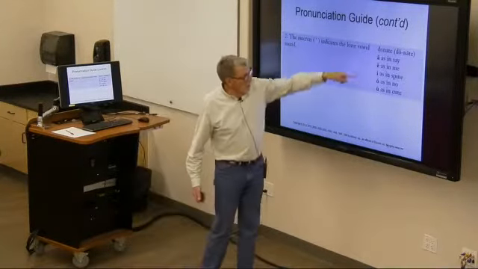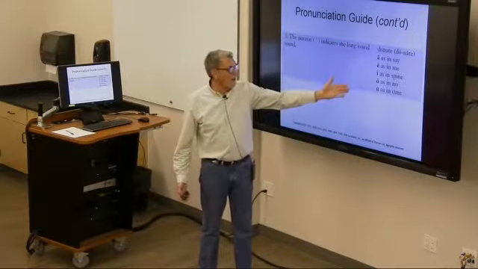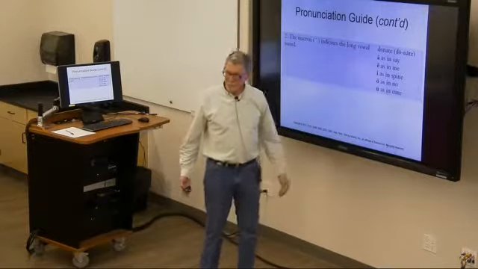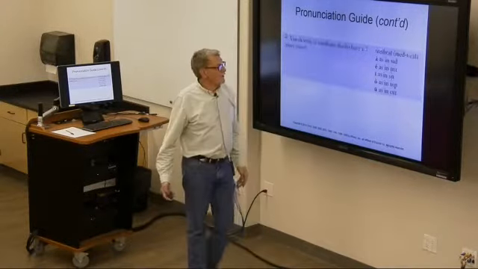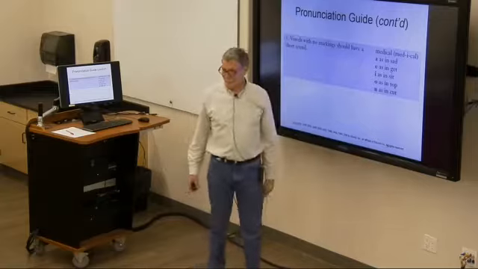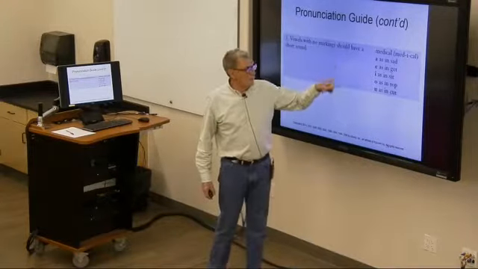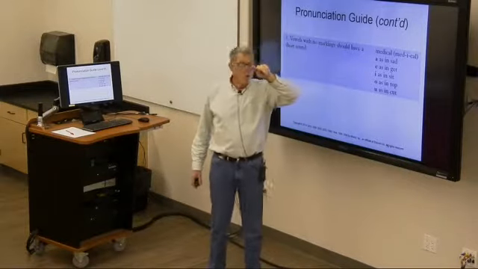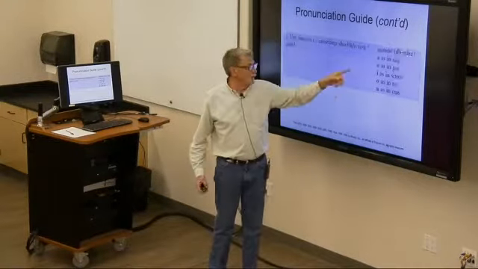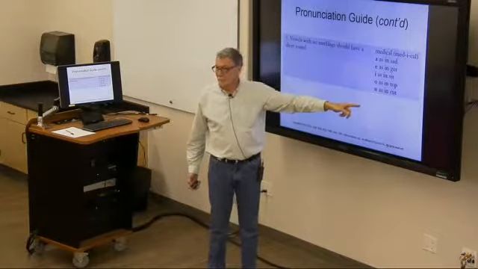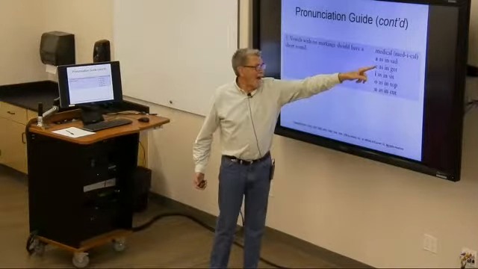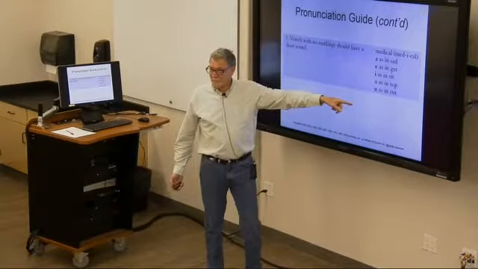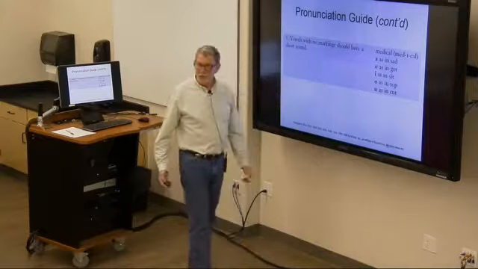If there's a long vowel, it's A-E-I-O-U. So the I in spine, you wouldn't say spin. That would be if it's a short vowel. I always learned to put a little mark over a short vowel, but in this case, if it doesn't have the long sign, it's a short one. So cut instead of cute.